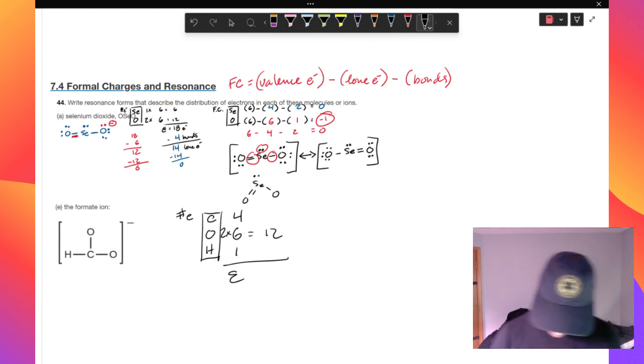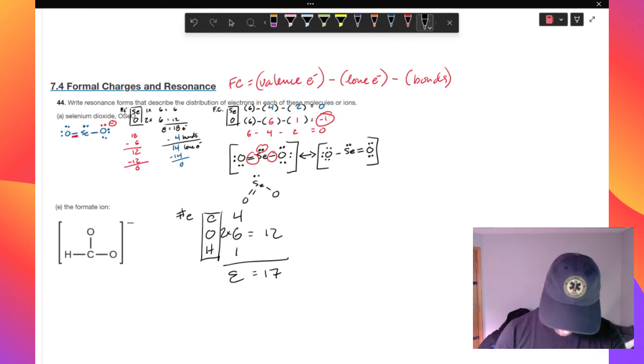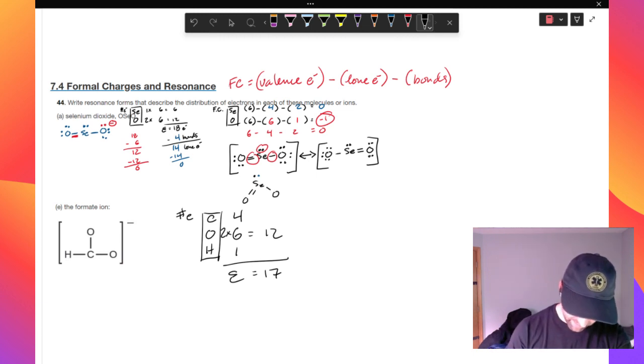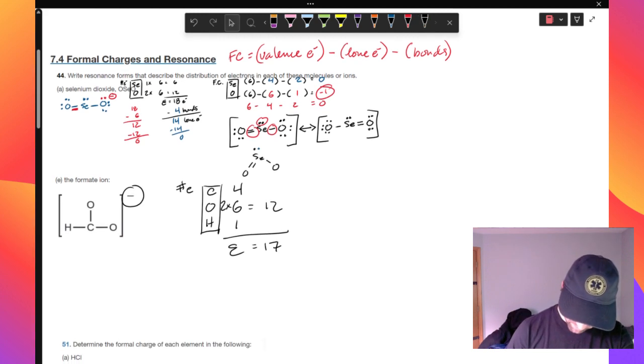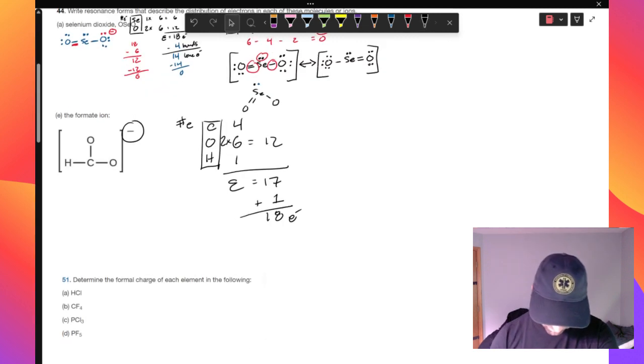Sum those together, 12 plus 4 is 16, plus 1 is 17. So 17 total electrons that we have to deal with. We can see that 2, 4, 6 appear to be participating in bonding, and we have a negative charge on this. So real quick, we have 18 total electrons to account for.